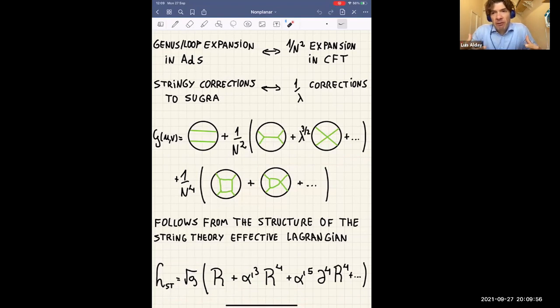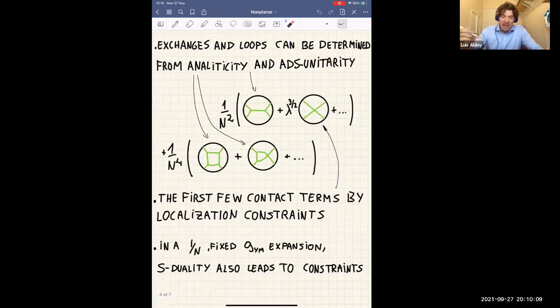But from the point of view of the conformal bootstrap, it is better to look at an observable like the 4-point correlator. And the state of the art in these double expansions is that things like exchanges and loops from these exchanges can be determined from analyticity and AdS unitarity, which people may call the analytic bootstrap or the analytic conformal bootstrap.